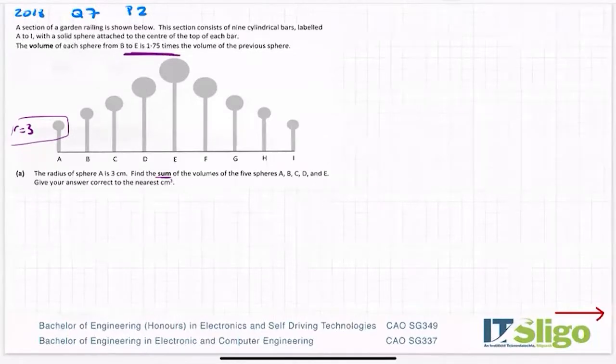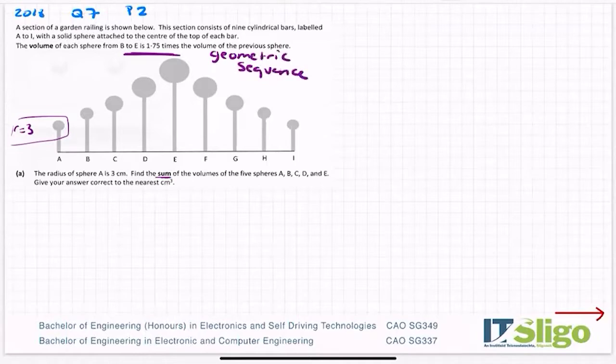In other words, if you multiply the volume of A by 1.75, you get the volume of B. If you multiply the volume of that by 1.75, you get the volume of C, and so on and so forth. So this makes it a geometric sequence. Okay, so that's the first thing.